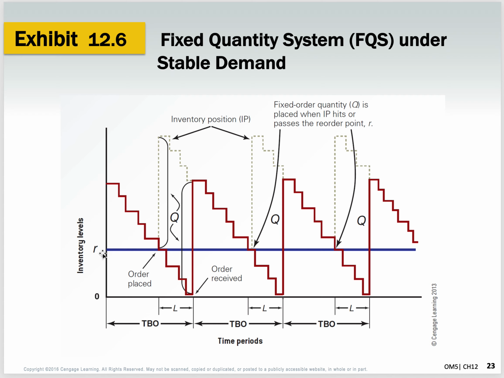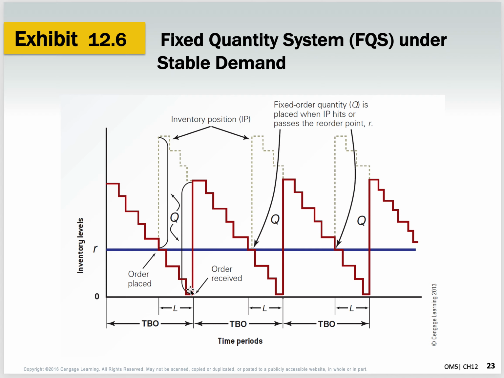Here's your reorder point, and if the demand is always kind of the same, your inventory always goes up to the same level, and it works so well. Across the x-axis is time. Here's your inventory level. I start the time period, I've just bought my stock, and I start drawing it down.